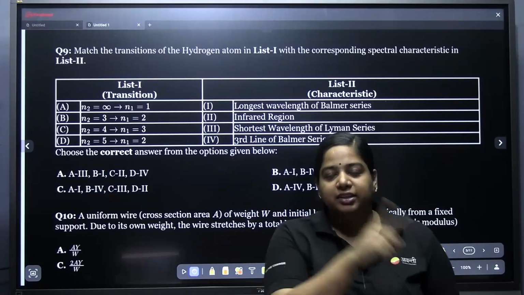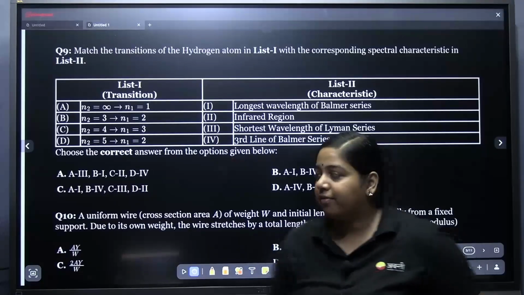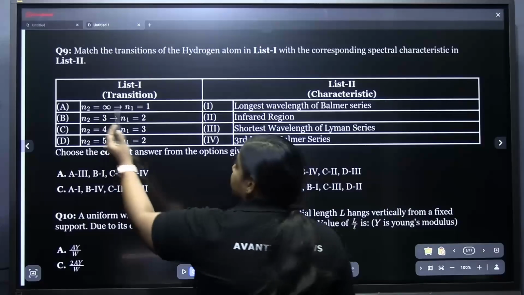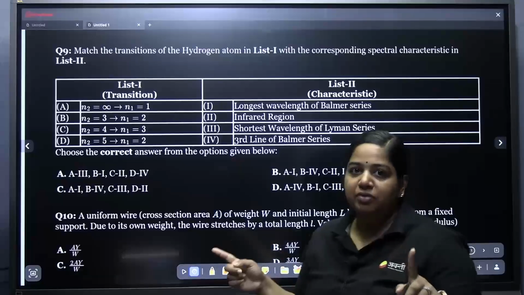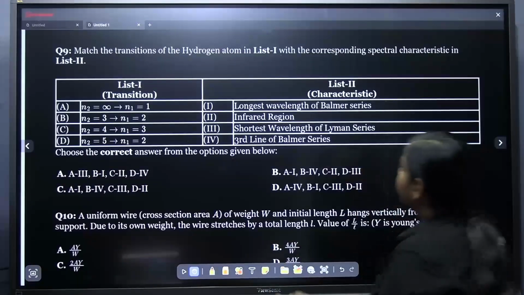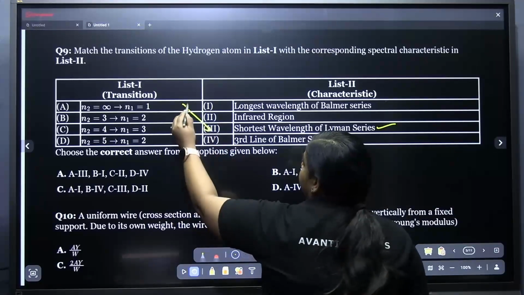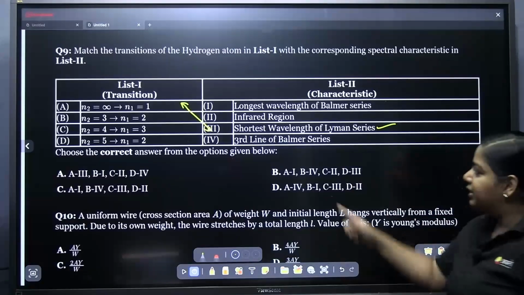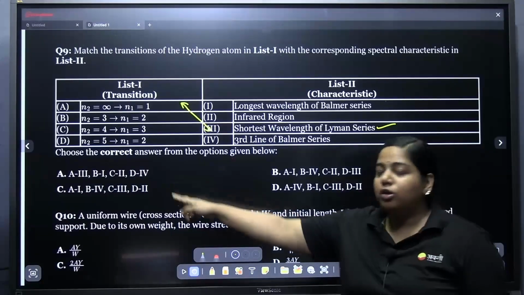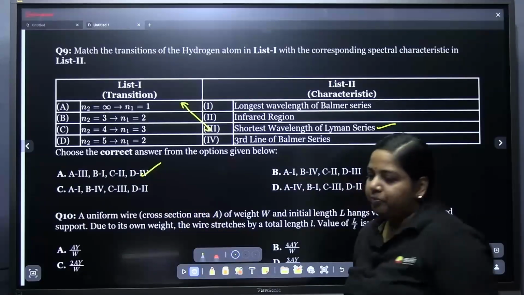Highest difference in N1 N2 will have maximum energy, shortest wavelength. So here N2 infinity, N1 1 is the maximum difference, and N1 equal to 1 is Lyman. So the shortest wavelength of the Lyman series, from 1 to 8 to 3, we first get. Then check the options. Only one option is having that answer, so you can directly find it.